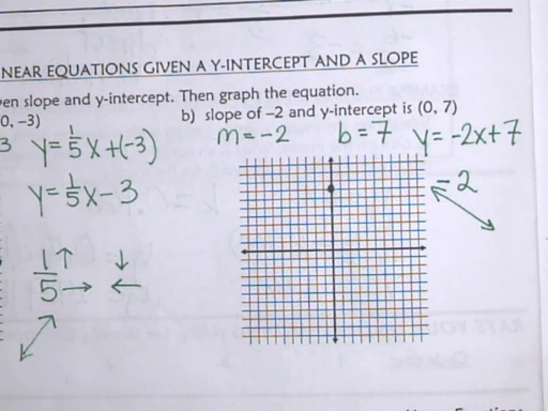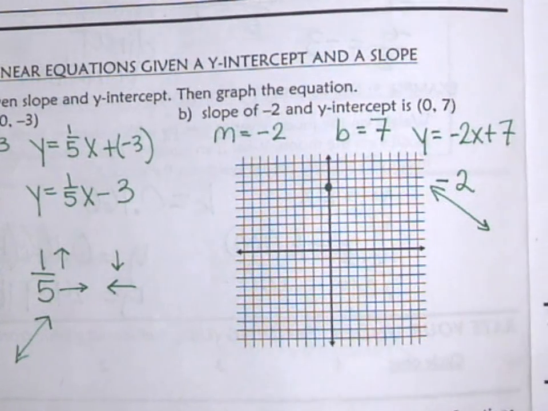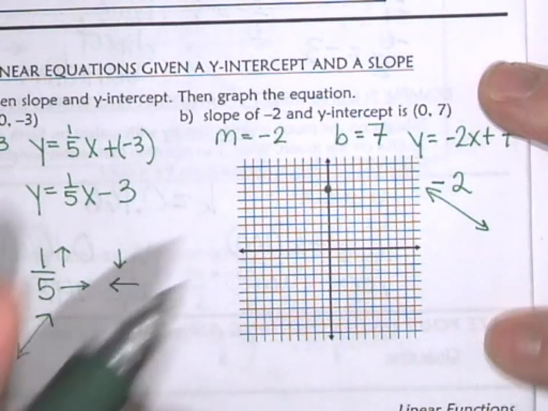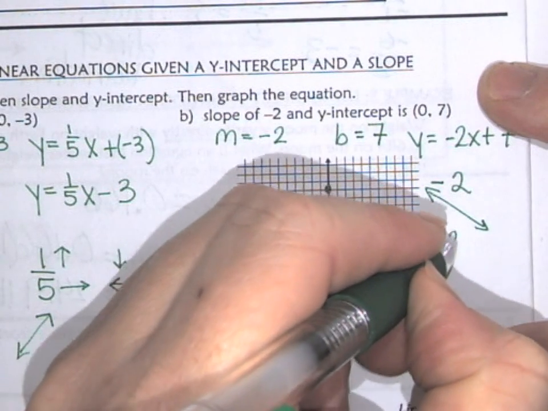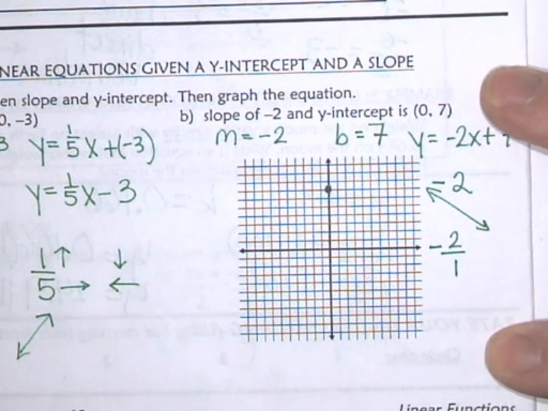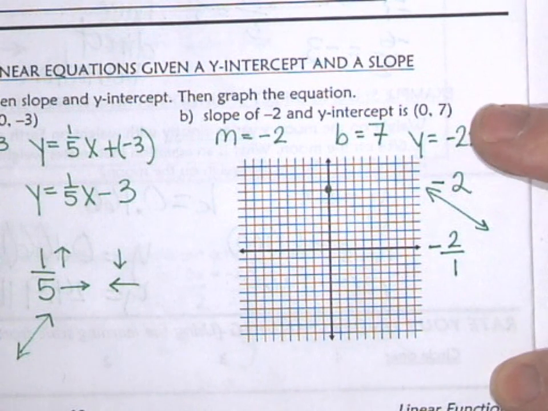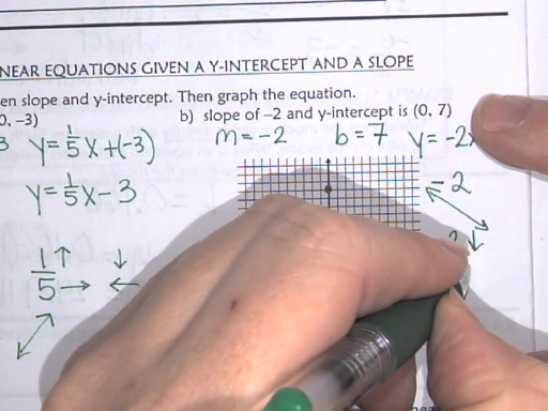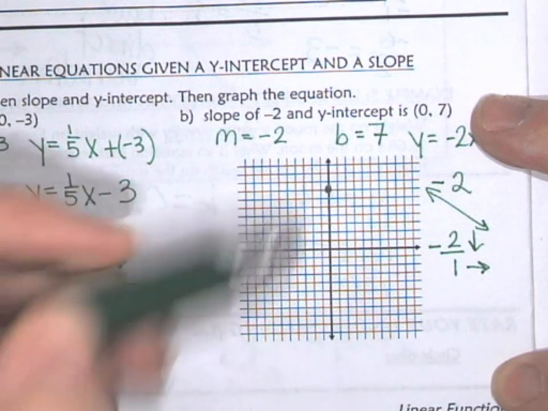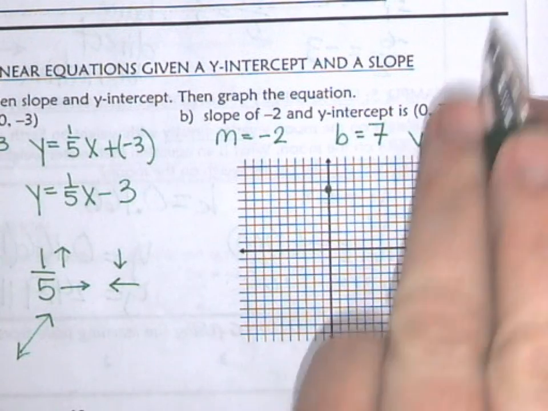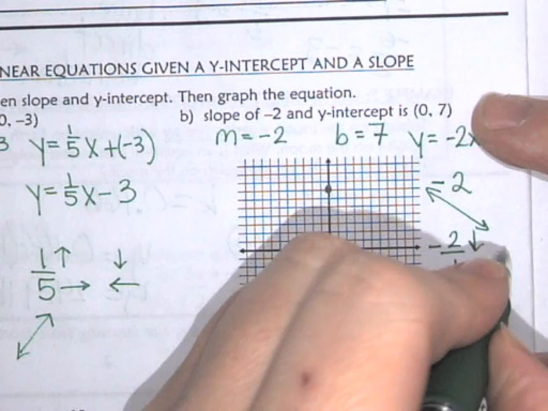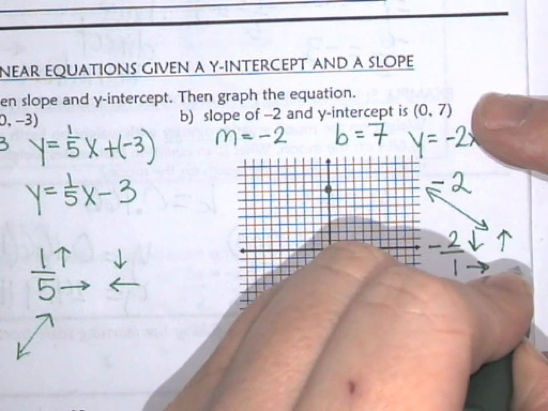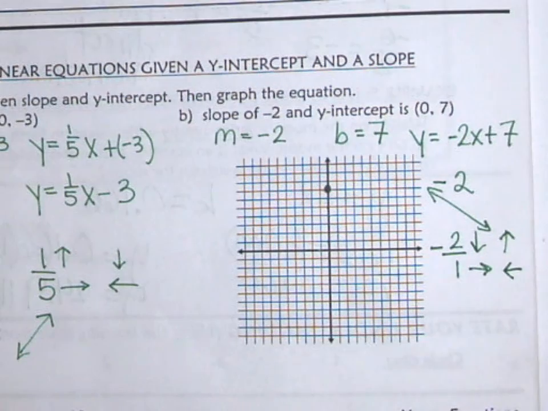Now, slope should be written as a fraction. So I can take my -2 and write it as a fraction with a 1 in the denominator. So to make this picture, I'm going to go down 2 and to the right 1. Or I can go up and to the left. So those are my two options when I have a negative slope. So we can write that down, right?